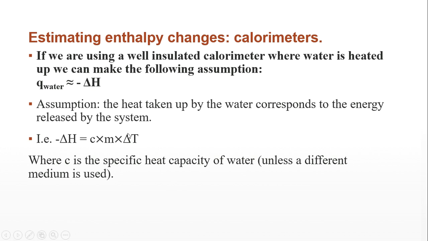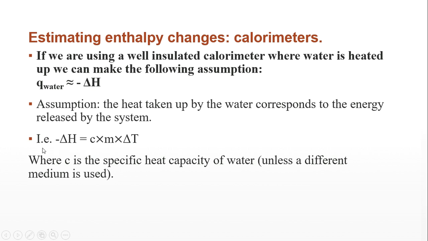So the heat taken up by the water, calculated from the mass of the water and its specific heat capacity, will correspond approximately to the change in enthalpy. And this is if it's an exothermic reaction, then the temperature will increase.